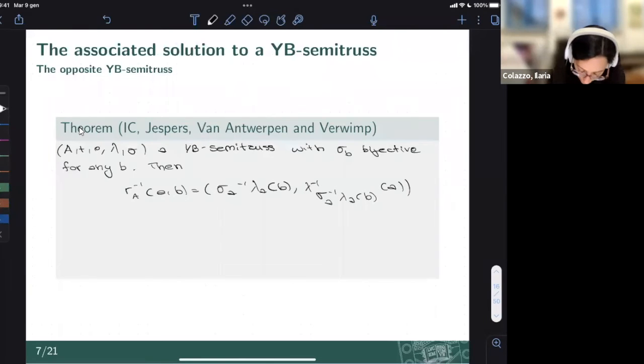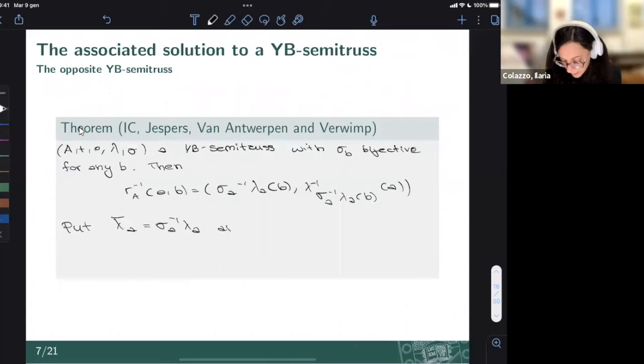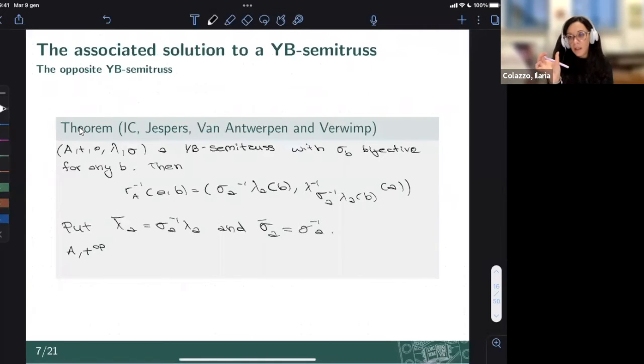We can define lambda bar of A equal to sigma inverse of A, lambda_A, and sigma bar of A just equal to sigma inverse of A. Then A plus of B is just B plus A, circle, and we need this inversion for technical reasons.